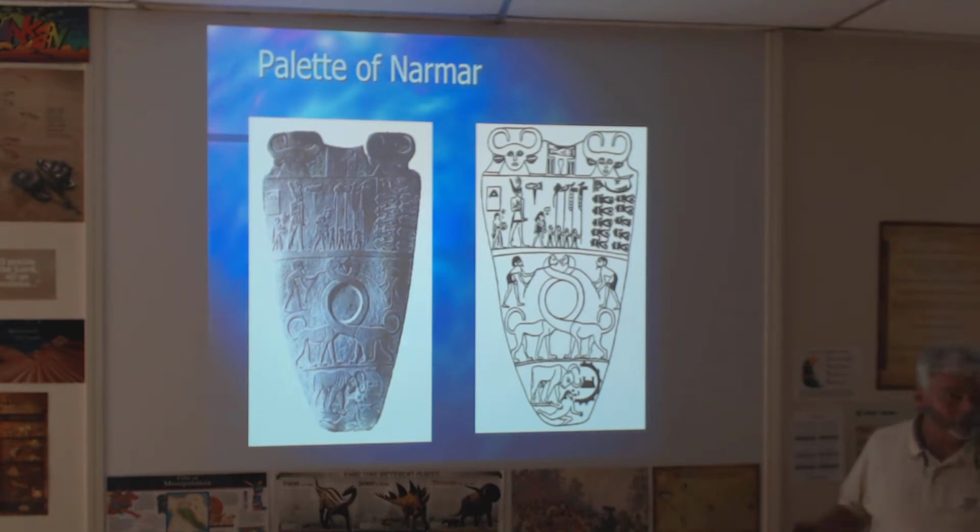Okay, now we've got 2 what are called mythological creatures in the middle, symbolizing the reunification of Upper and Lower Egypt. But these 2 so-called mythological creatures look very similar to what? Giraffes. Giraffes?